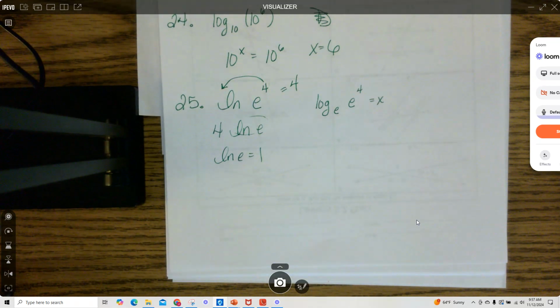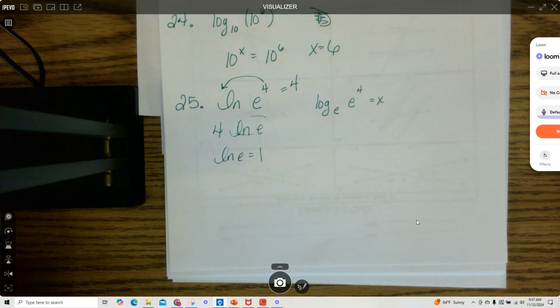On the example, it says the third property of log states that log base b of b to the power of x equals x, for b greater than 0 and b not equal to 1. But the notes she gave you don't give you the rules for that.